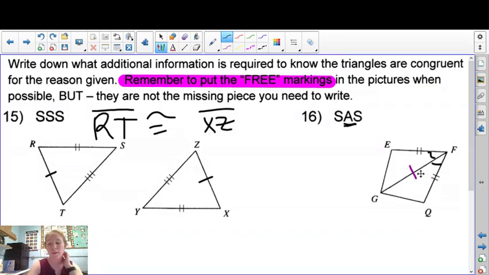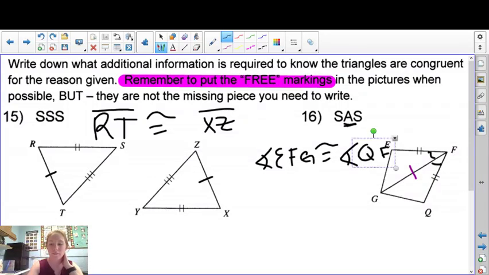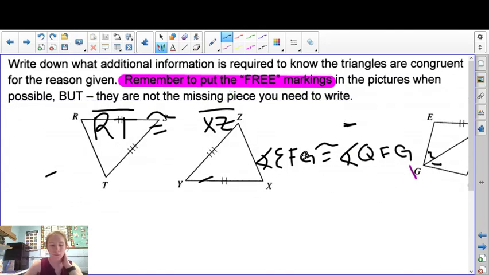So let's start with the left side. And I need F to be in the middle. So I'm going to go from E to F down to G. And I want that to be congruent with angle. Well, E to F had the 2 tick mark, so I want Q to F. And it has to go in the same order.